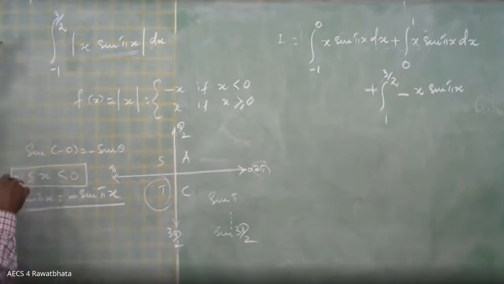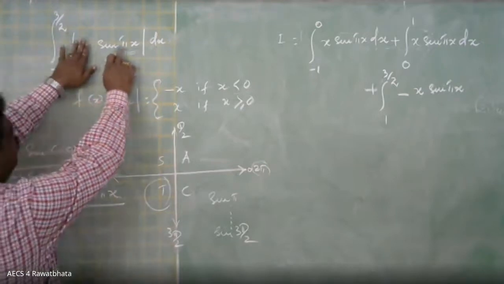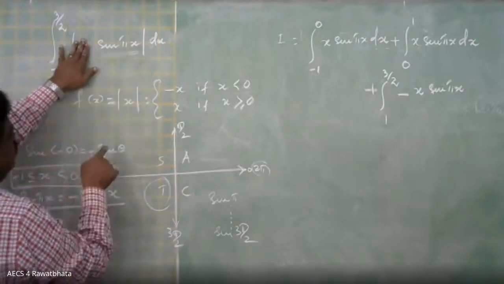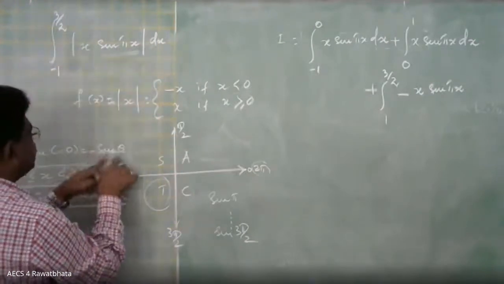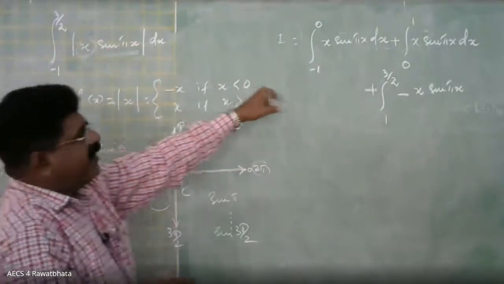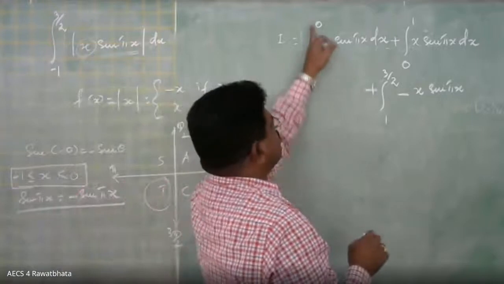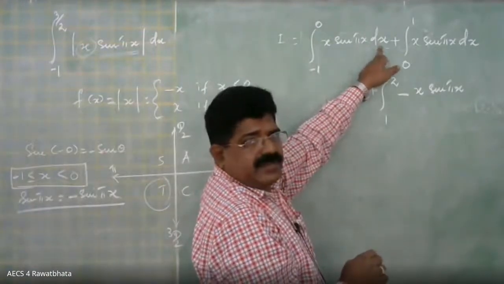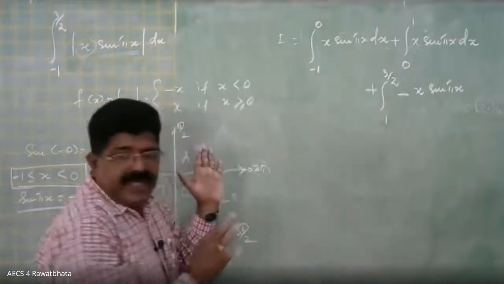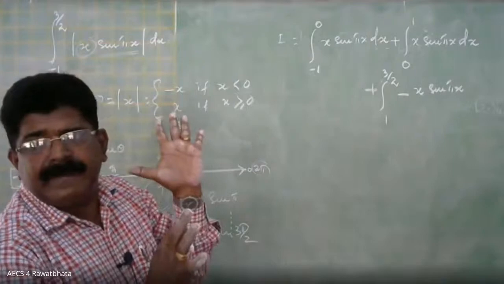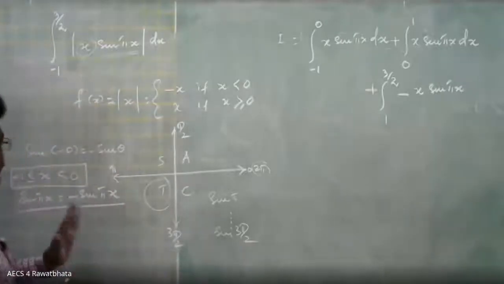For example, if you put minus 1 by 2, sine of minus pi by 2 gives minus sine theta, and this value is also minus. That is why I put minus integration from minus 1 to 0 of x sine pi x dx. Okay, that part is clear? Correct? Siddesh Sharma, first part clear? Yes, sir. Very good, thank you.